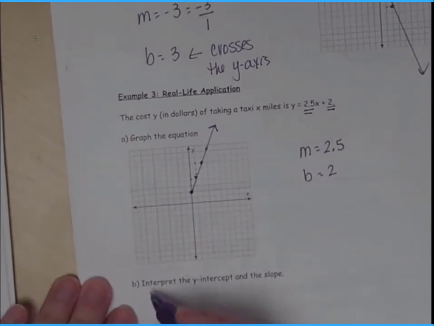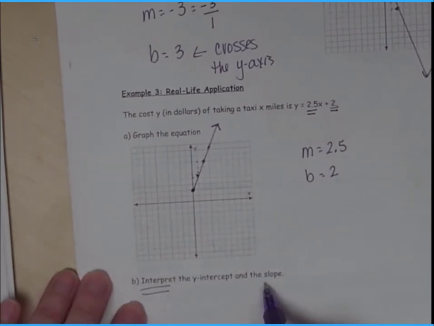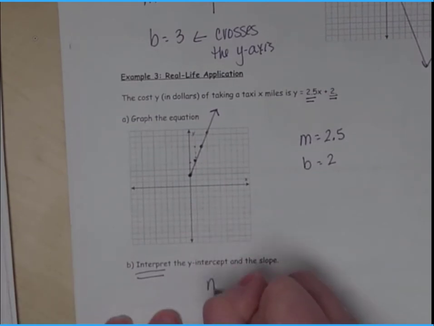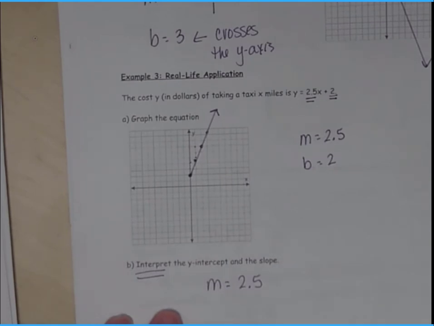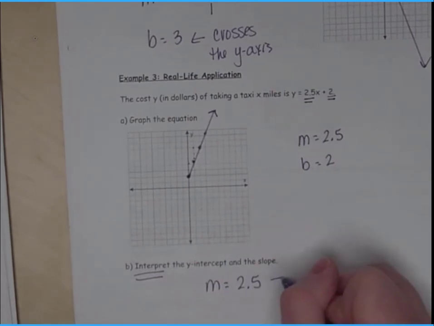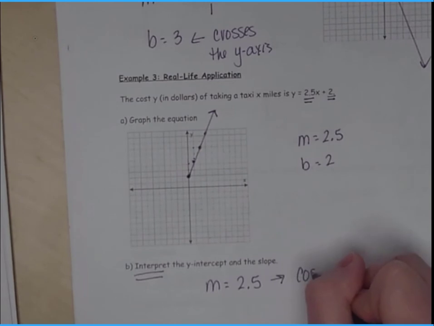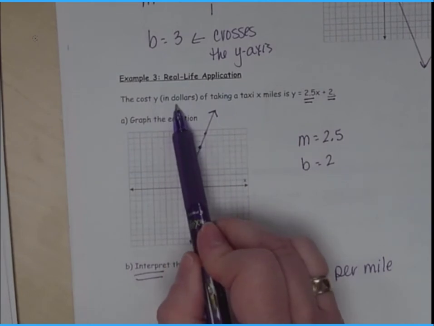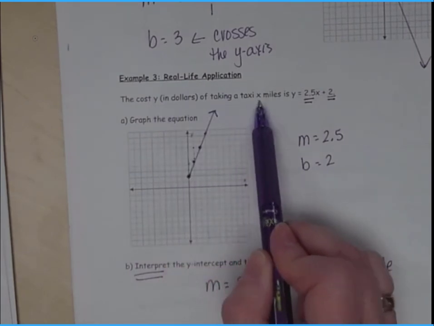Okay, so now it says interpret the y-intercept and the slope. That doesn't mean tell me what it is, it means explain it. So here is the slope, but I didn't interpret. What this means is that it is the cost per mile. y is dollars and x is miles.